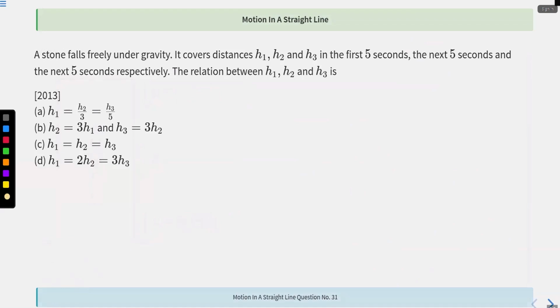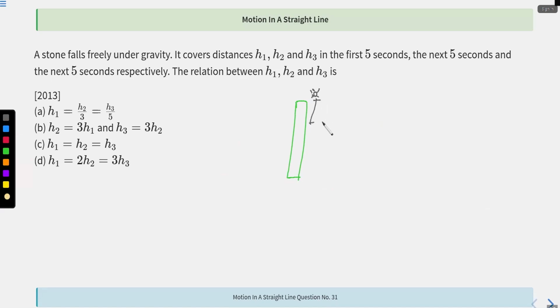A stone falls freely under gravity. It covers distances of h1, h2, and h3 in the first 5 seconds, then the next 5 seconds, and the next 5 seconds. Okay, so basically what they are saying is that this is a tower, and a stone has fallen from it.